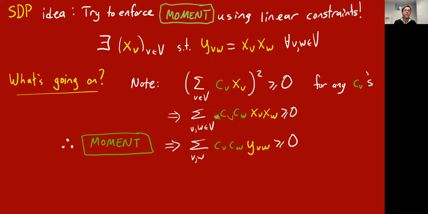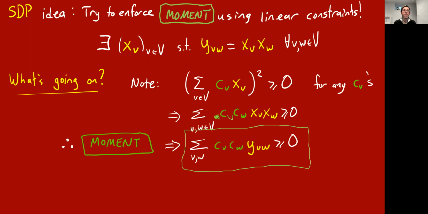And therefore, if y's are numbers which satisfy the moment constraint, if y's are such that you can find reals x_v, one for every vertex, such that this equation holds, then this constraint will also be satisfied by the y's.